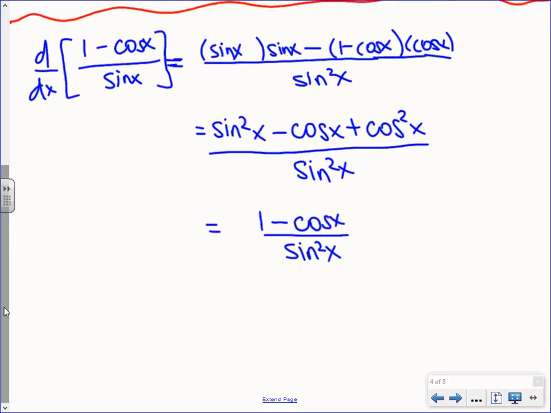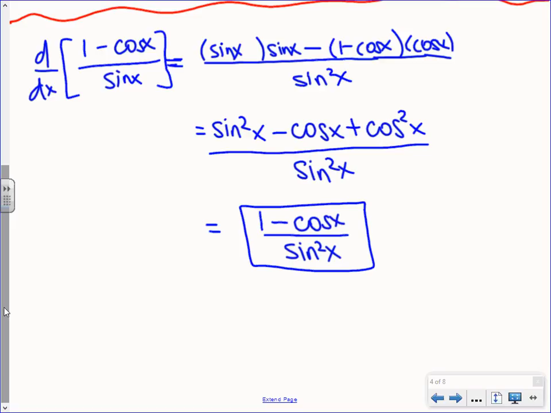If you separate the terms, negative cosine x over sine squared of x, you can separate cosine of x and sine of x and get cotangent of x, and we have 1 over sine of x. Okay, so if you did the quotient rule, I would be happy with you stopping here.